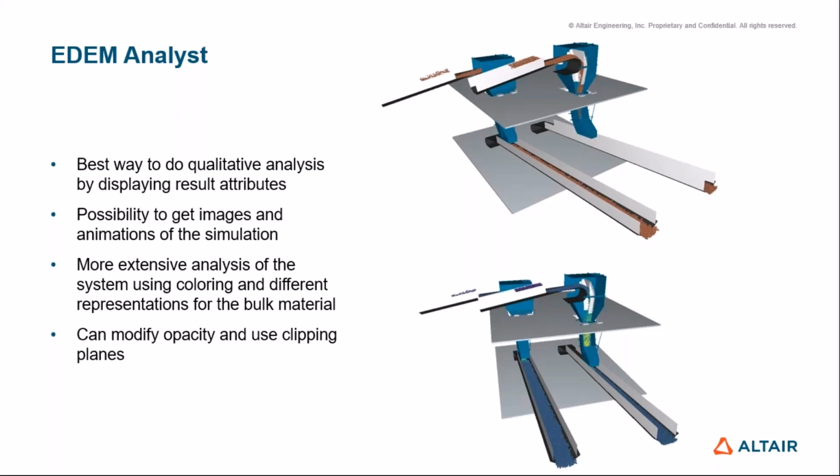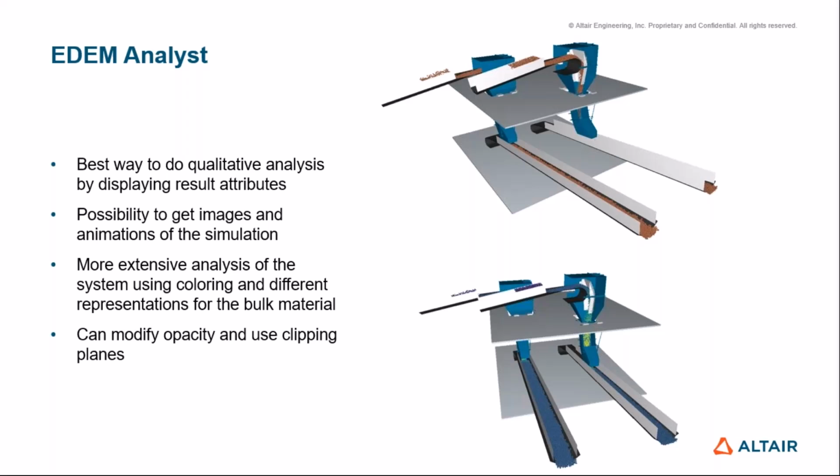On the one side, we can just do coloring to different attributes for our geometries and our particles, which would be that qualitative side of things, using sensors and bins to get data exports for a more quantitative approach. We have the possibilities I was saying earlier of getting images and animations out of the analyst as well. And in general, it is the most extensive and detailed way you can get of post-processing, at least in a straightforward way, from GUI.